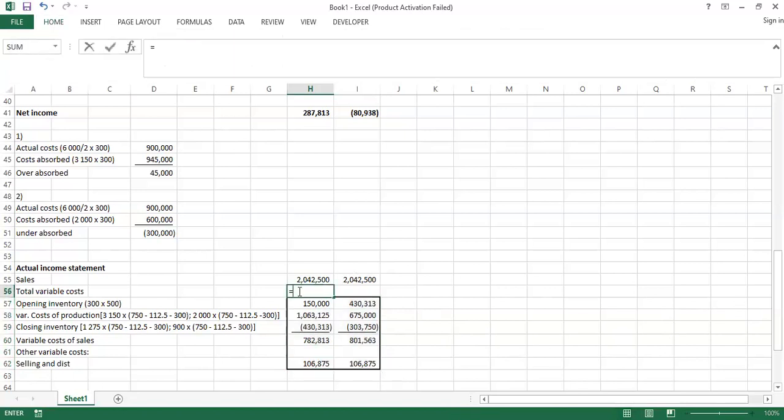All right, so this is going to be the variable manufacturing costs, right? Which are these ones here, which are the variable cost of sales, which have been adjusted obviously for inventories. And then we need to add the other variable costs that we have. Then we have our total variable costs, those two.